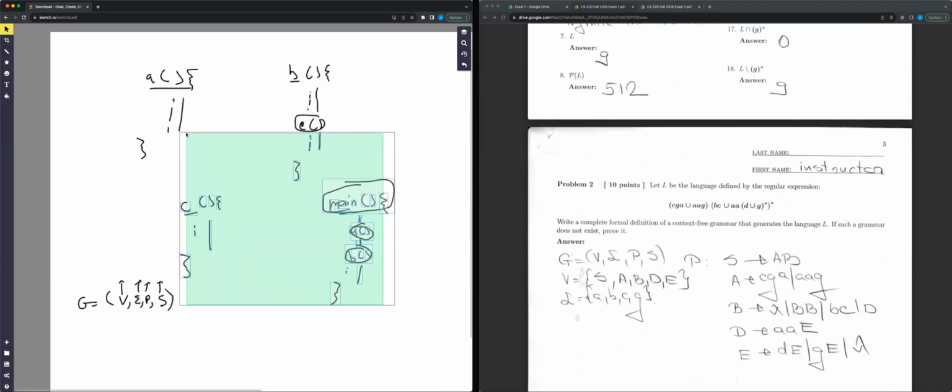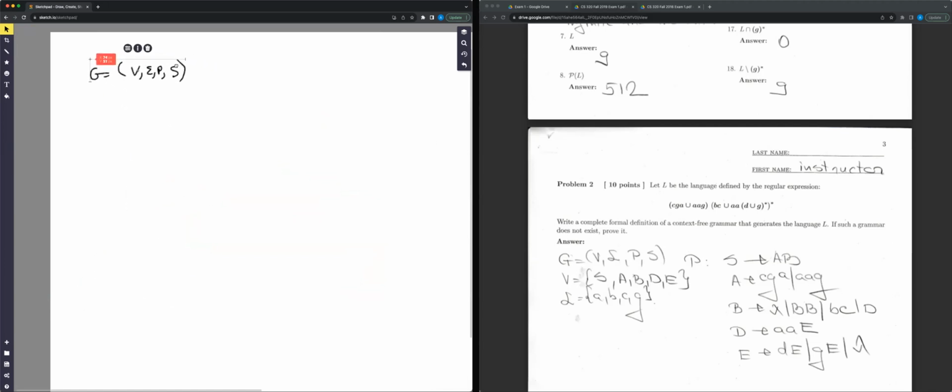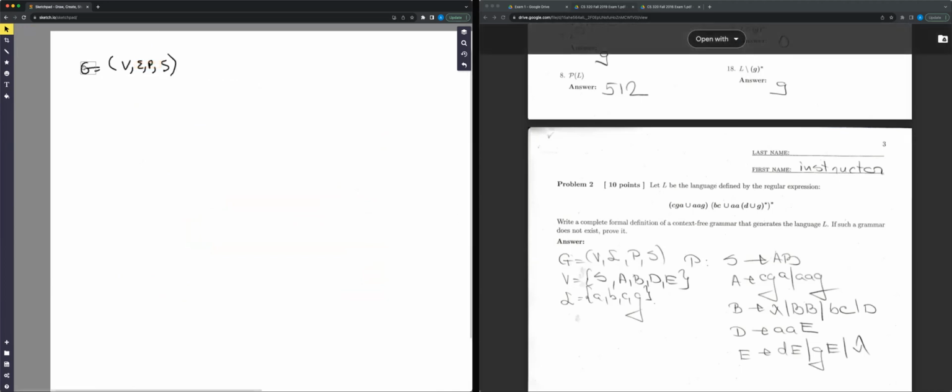Did everyone understand up until this point? Any questions? G is grammar. This grammar is built up of variables, sigma, your production rules, and your starting point.